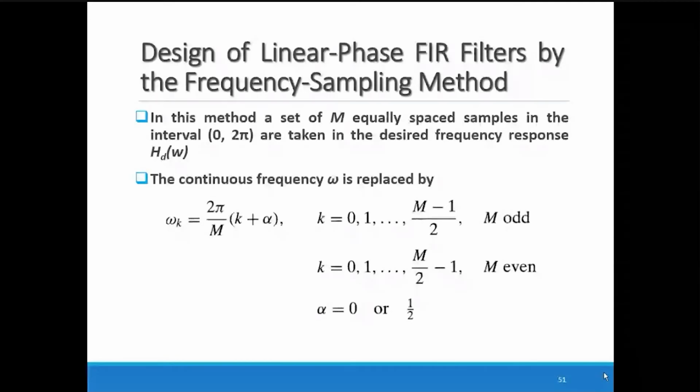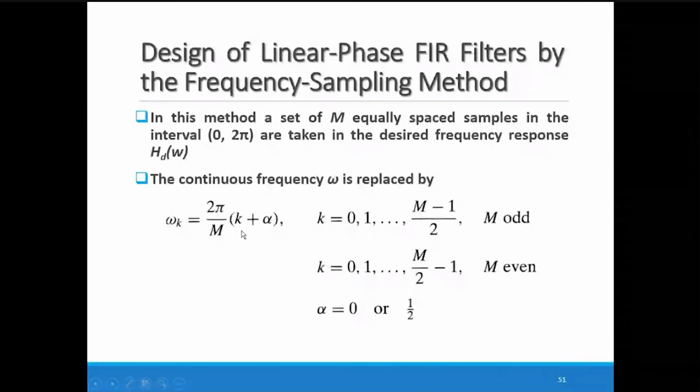So the continuous frequency omega is replaced by omega k, the m equally spaced samples in the interval 0 to 2 pi. That is mentioned: omega k is equal to 2 pi by m times k plus alpha.